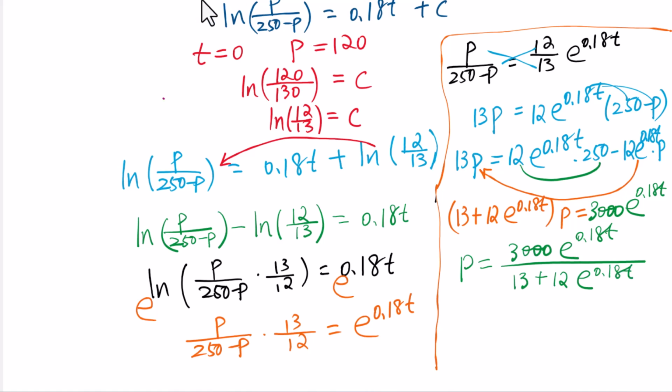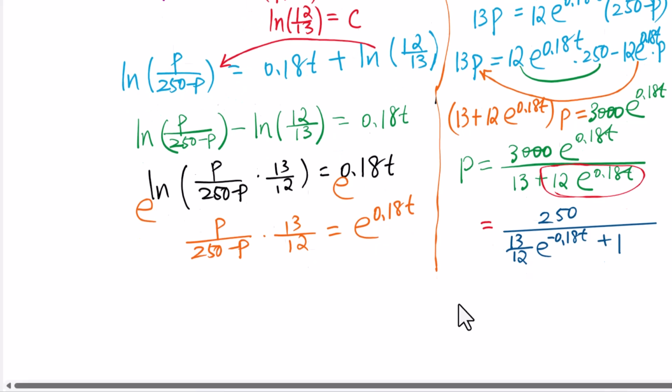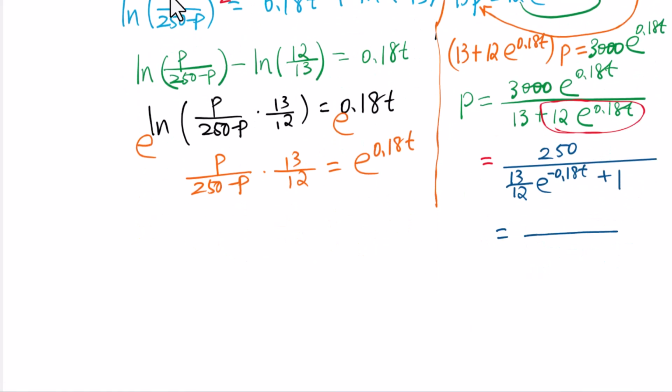Dividing by 12 times e to the power of 0.18t, we got 250 over (13 over 12 e to the power of negative 0.18t plus 1). Organized, P equals 250 over 1 plus 13 over 12 e to the power of negative 0.18t.